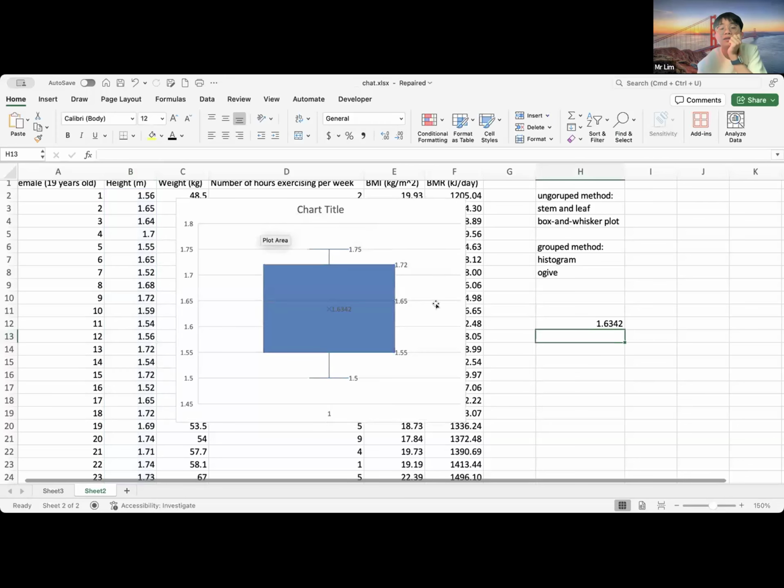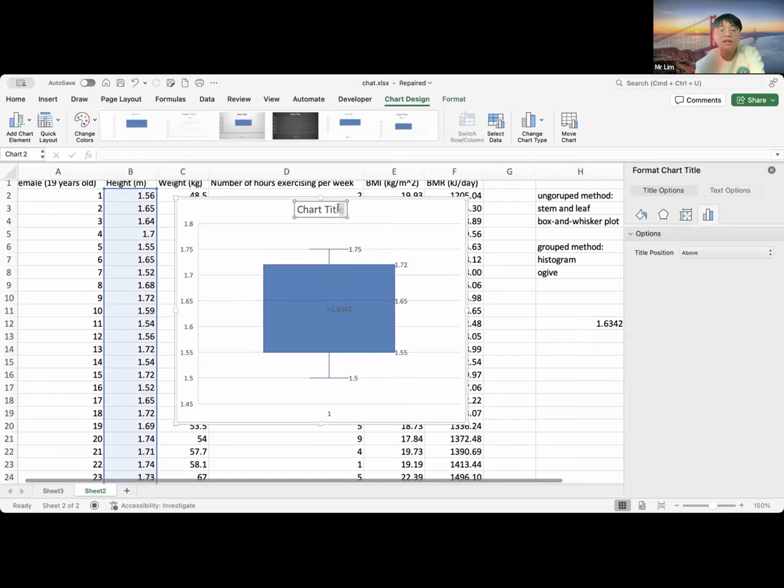But now it seems like this is quite a good chart. Okay, so this is the title, what? Box and whisker plot of height. For what? For female.